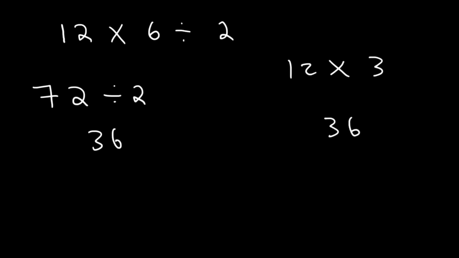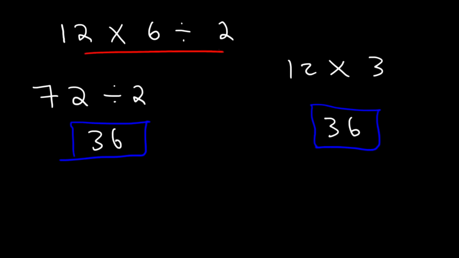So it turns out that if multiplication comes first, the order doesn't matter. You're going to get the same answer. But if division comes before multiplication, you want to divide first. So a general rule when you're dealing with multiplication and division, perform the operation from left to right. If you do that, it doesn't matter which one is going to come first. You're going to get the answer correctly.